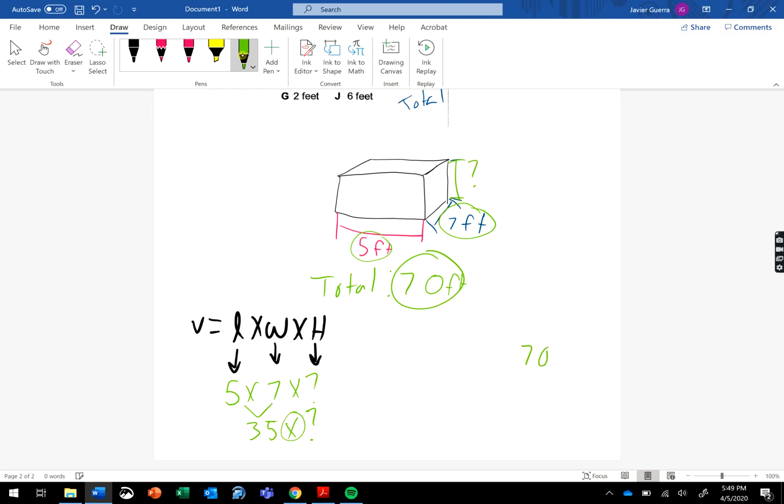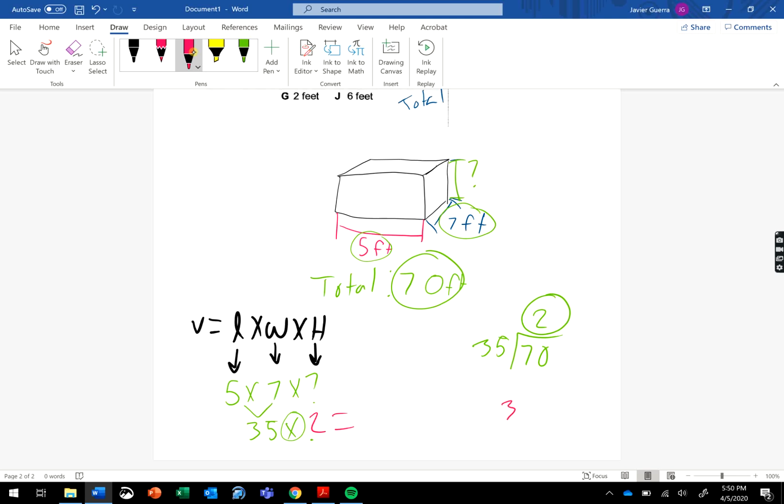I can divide these two. 35 into 70, and I can already tell you off the top of my head, I know 35 goes into 70 2 times. So what's our missing part? 2. Right? So I'm going to erase this part here. Let me put 2.